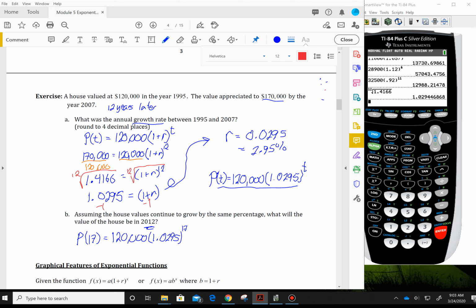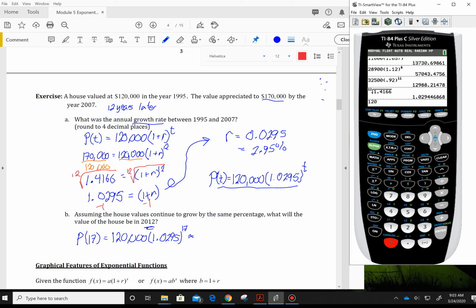raised to the 17. Now make sure you're able to duplicate these calculations on your calculator. Since all of our calculators are different, this is something that we do want to learn. Make sure I get the 120,000 in there correctly. Times your growth multiplier raised to the 17th power.